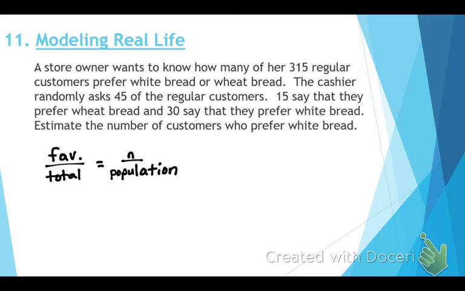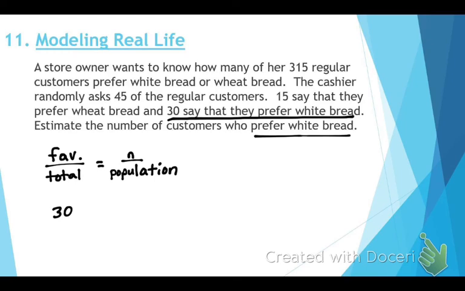What is it that they are looking for, or what are we estimating? How many people have white bread? Okay, specifically those who prefer white bread. So they went and asked a bunch of people, how many favorable said, I like white bread the best? Not 15, I mean 30. Look right here. 15 say they prefer wheat bread. I'm not looking for wheat. 30 say they prefer white bread.